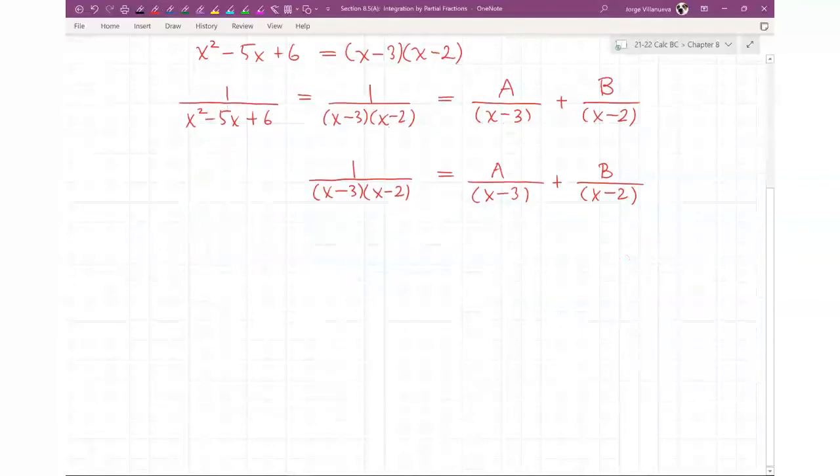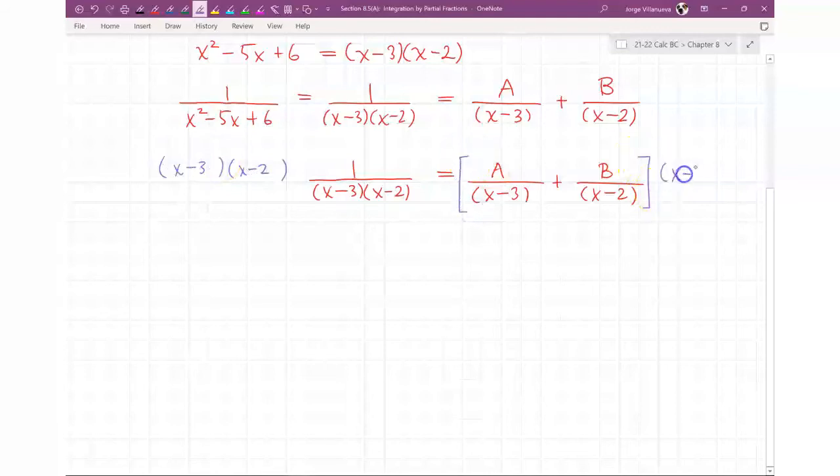What I'm going to do is multiply everything by a common denominator, right? So the common denominator would be x minus 2 times x minus 3. Okay, so I'm going to multiply the left side by x minus 3 times x minus 2, and also all the right side.